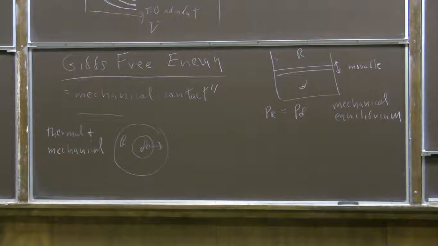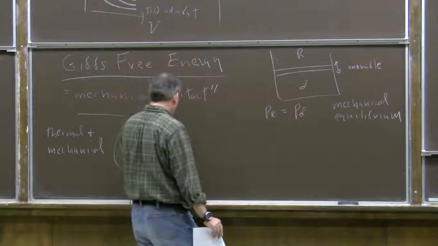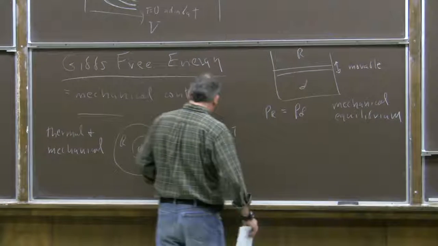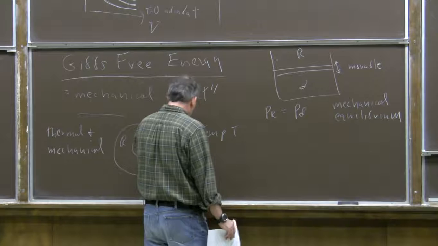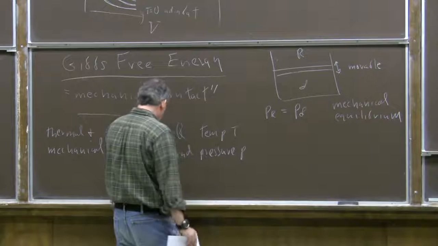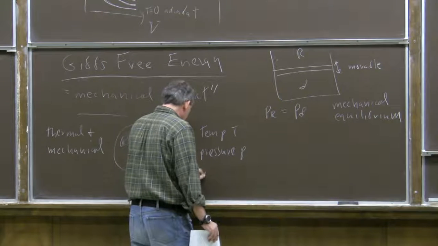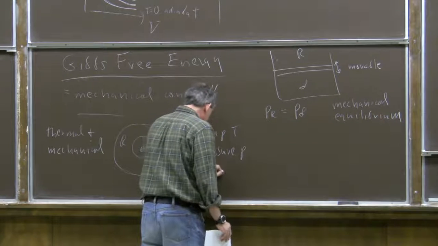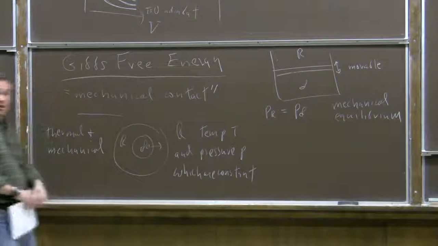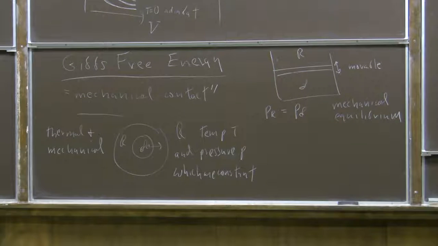So when its energy changes a little bit, or its volume changes a little bit, its temperature and pressure don't change. So the reservoir has some temperature tau and pressure P, which are constant. They don't change when the system gains or loses either energy or volume.